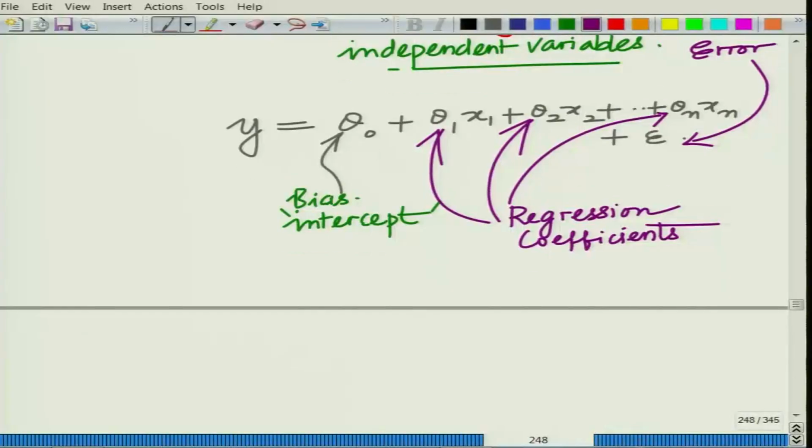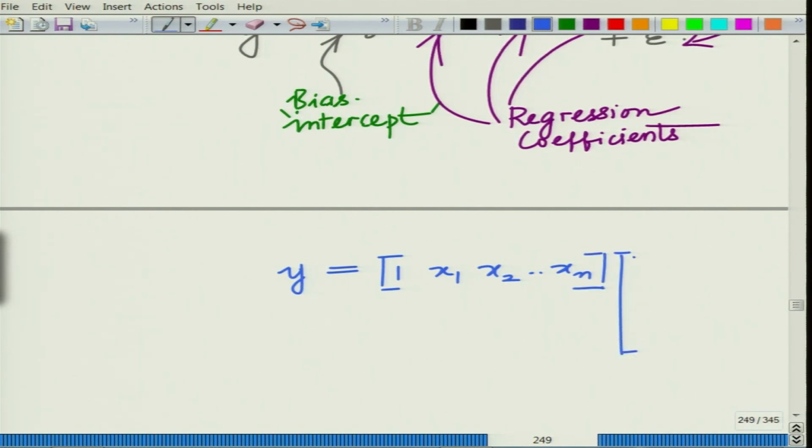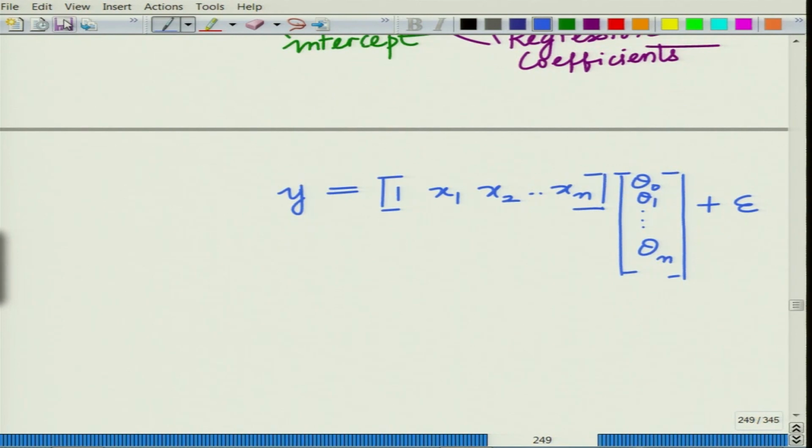So, I can write this essentially as y equal to 1, x 1, x 2, up to x n, times theta naught, theta 1, up to theta n, plus epsilon, or the error.